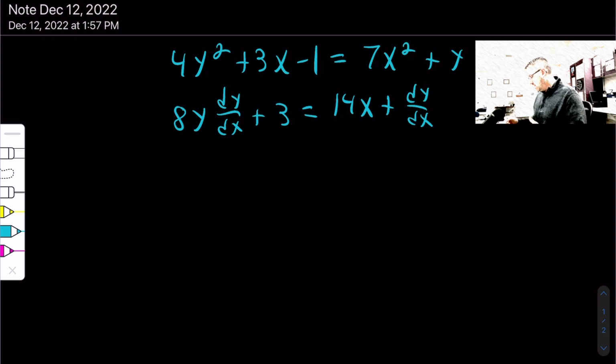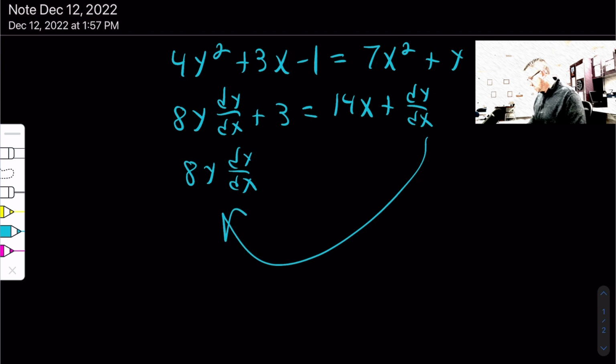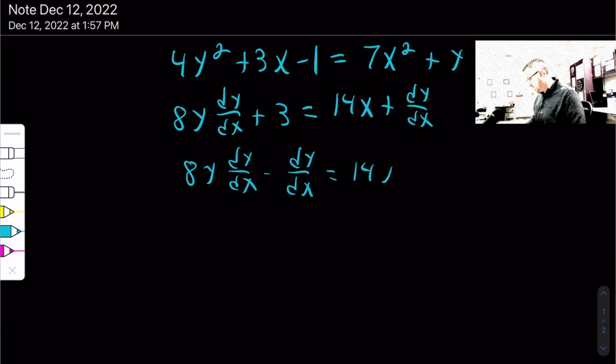I want all my dy dx's on one side, everything else on the opposite side, and solve for dy dx. So what I'm going to do is subtract 3 from both sides, move that over here. Subtract 14x from both sides, move that over there. So when I rewrite this, I would have 8y dy dx, minus dy dx equals 14x minus 3.